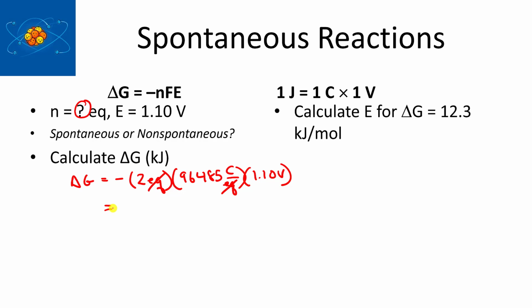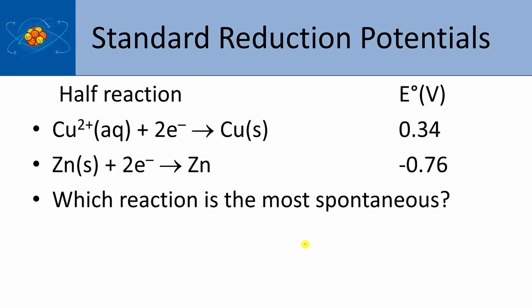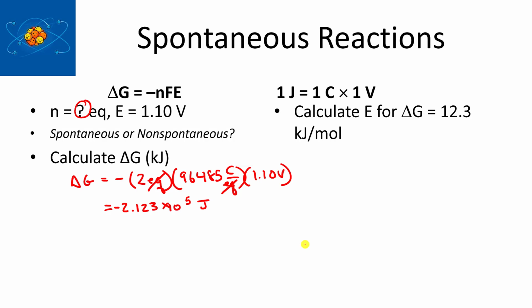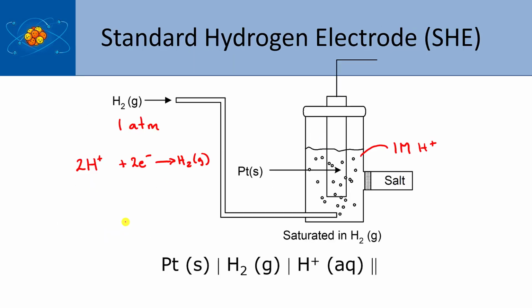And that comes out to be negative 2.123 times 10 to the 5th joules of energy. Now, in terms of kilojoules, I just converted over to kilojoules. It'll be 212 kilojoules of energy for the reaction that's shown in this reaction.